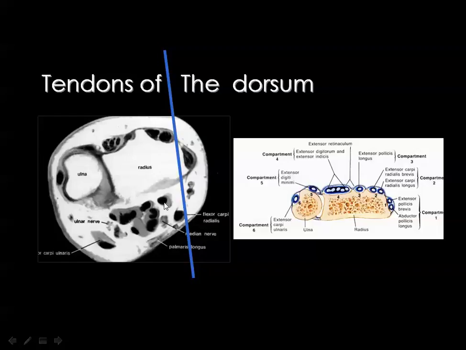Flexor pollicis longus will be represented by two, extensor pollicis longus and extensor pollicis brevis. Flexor carpi radialis will be represented by two, extensor carpi radialis longus and brevis. And you will add another tendon here, which is the abductor pollicis longus.